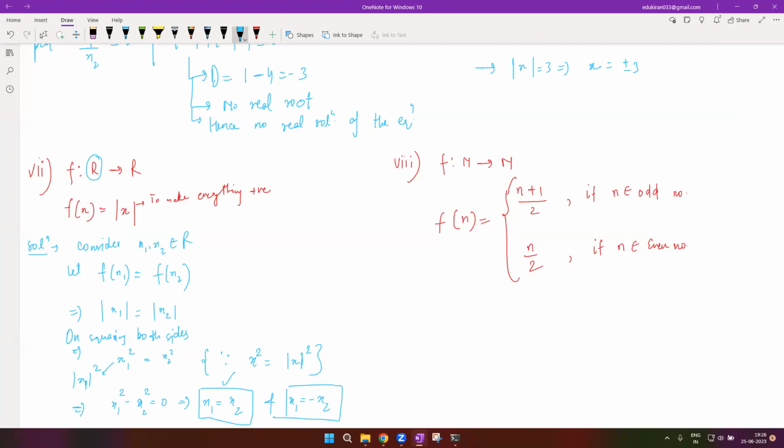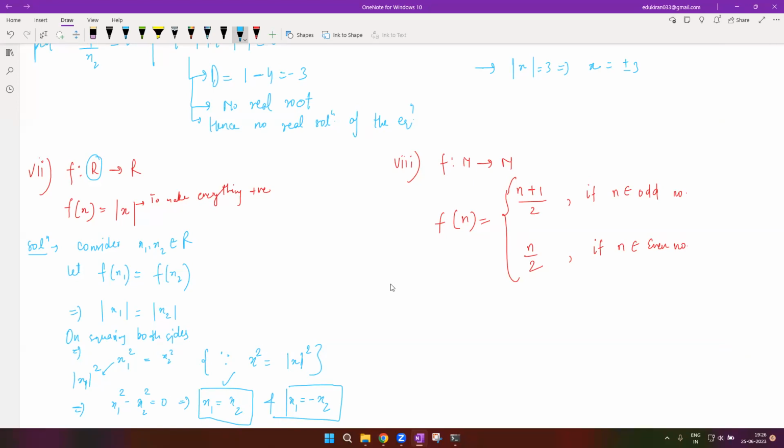How do we check? Put a value of x2 from the given domain. The domain was all real numbers. So take any real number. Let's take 100. If I take x2 as 100, what is the value of x1? Minus 100. And does minus 100 belong to the set of real numbers? Absolutely. Hence, both of the solutions are valid in this situation.